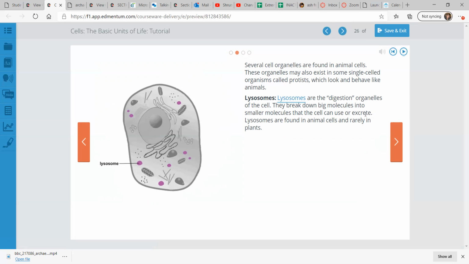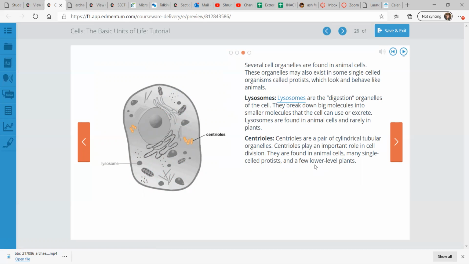These guys break down big molecules into smaller molecules that the cell can use or excrete. They are found in animal cells and rarely in plants, because plants don't need to digest anything like that, like animals do.